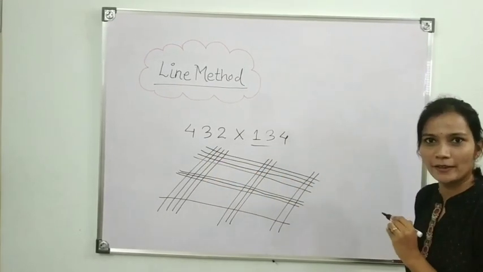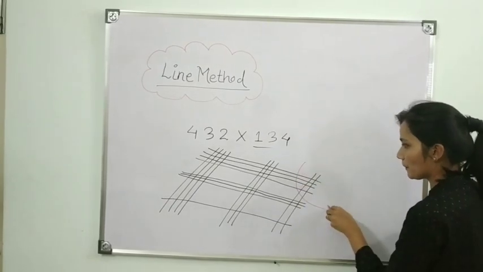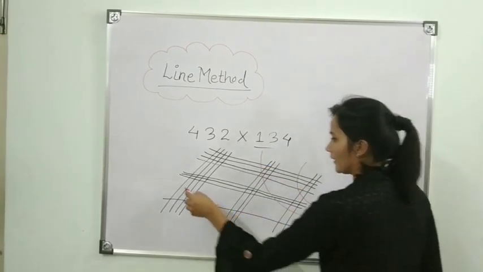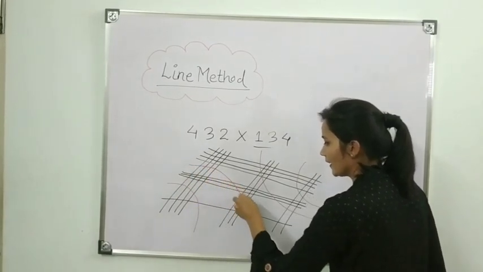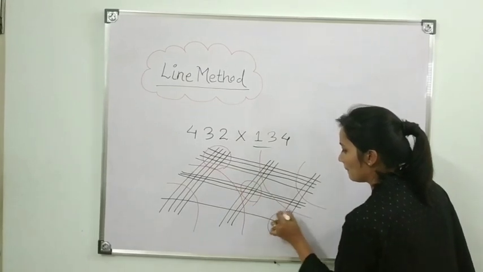And 4. Now we will find the intersections. So here this part and this part. Here this part and this part. And this is the middle intersection part.